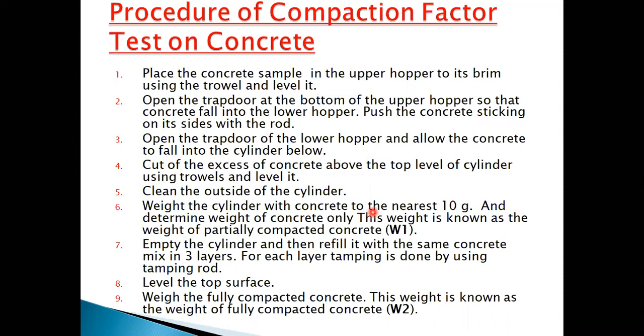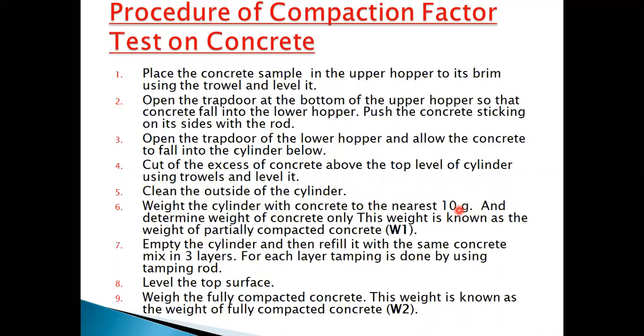From this we determine the net weight of the compacted concrete, that is, weight of cylinder plus concrete minus the empty weight of the cylinder. By this way we can calculate the weight of the concrete only, and this weight is known as the weight of partially compacted concrete, that is W1.